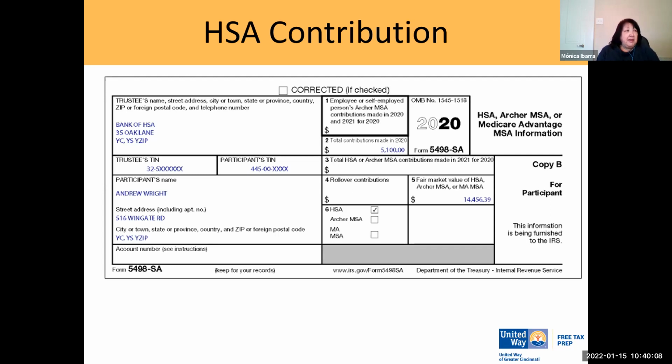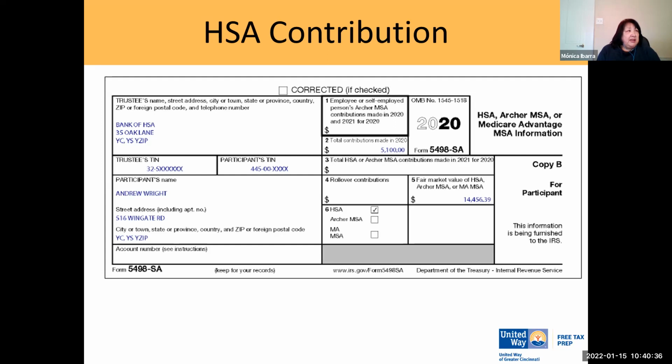So while it's possible to make contributions through your employer, it is not generally the one who manages your health savings account. So when you talk to your person, where is this form? Refer them to whoever is managing their health savings account, which is usually a bank. So you'll see that the total contributions made were $5,100.